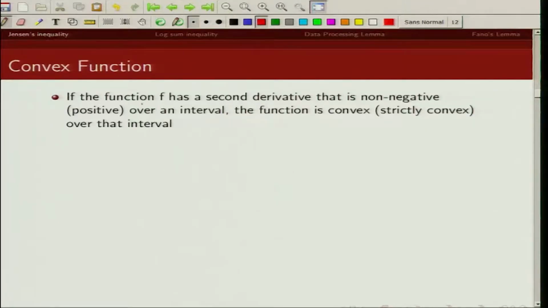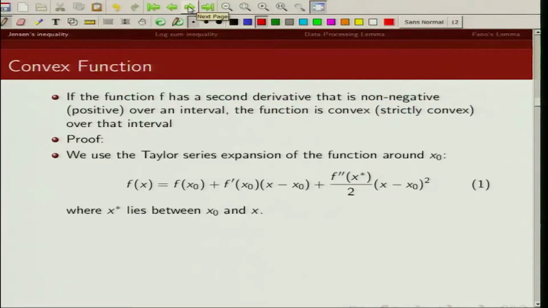So if we have a function f that has a second derivative, and this second derivative is non-negative over the interval over which the function is defined, then the function is convex over that interval. So what do we need? We want the second derivative to be non-negative. Now how can we prove this? So we do a Taylor expansion of this function around x naught, where x naught is a point in this interval.